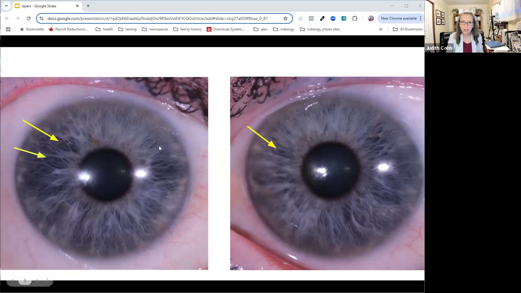Now, these eyes are primarily connective tissue. So what that means is that we've got a very loose structure and we've got a lot of open areas in the eye where there's gaps between fibers. So this is not an overly strong physical constitution, which is interesting because she was a competitive figure skater for many years, and was a competitive figure skating coach for many years.